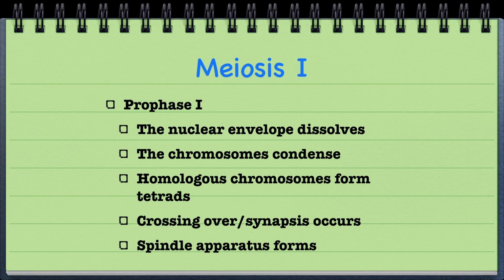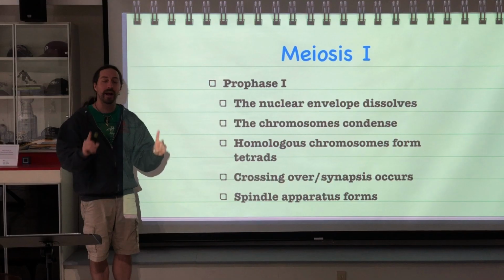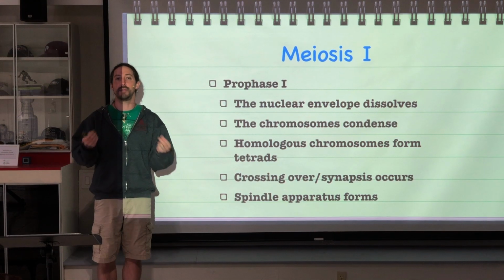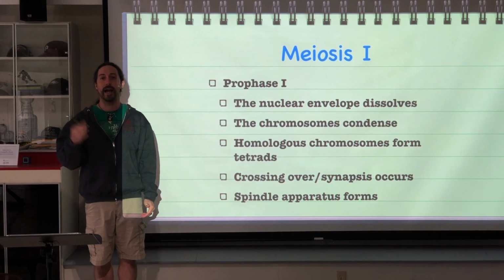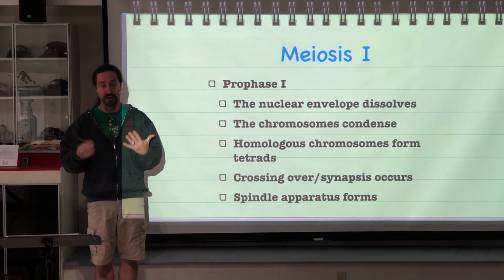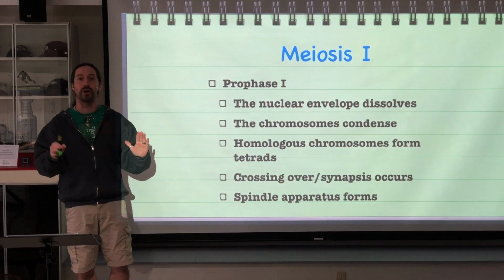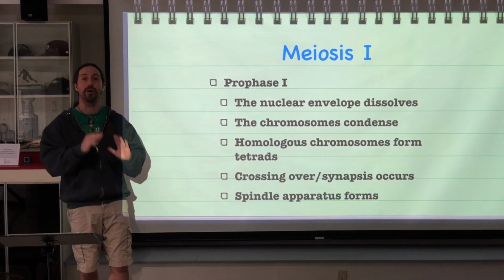The chromosomes condense, so they're not going to get all tangled up. The homologous chromosomes, this is different. The homologous chromosomes form tetrads. In mitosis, this part didn't matter because you didn't have any dealing with homologous chromosomes. But now, it makes a big difference. So homologous chromosomes are going to come together and form something called a tetrad.